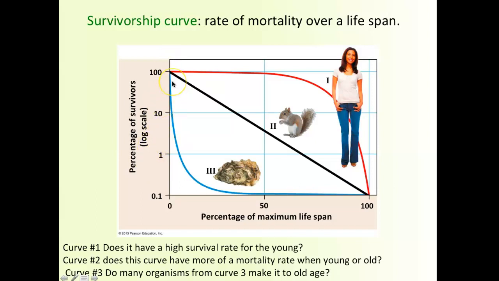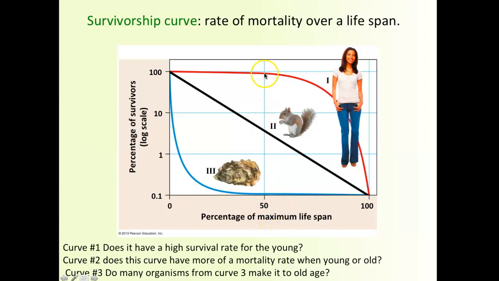So if you look at humans, we have very, very high survivorship when we're born. So as babies, we don't lose a lot of babies, human babies. There are, of course, deaths that happen to newborns, but in terms of overall averages, we're very, very good. So we maintain a very high survivorship curve. And so this tells you that most humans, almost 100% of humans, reach half of their lifespan.